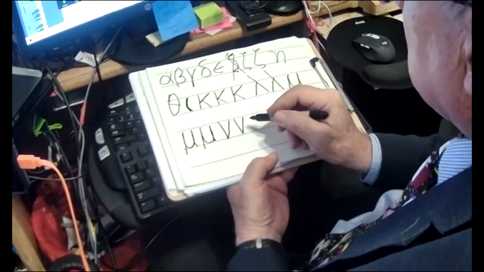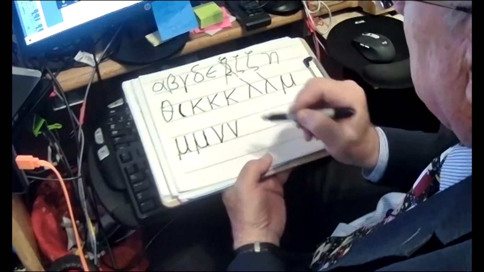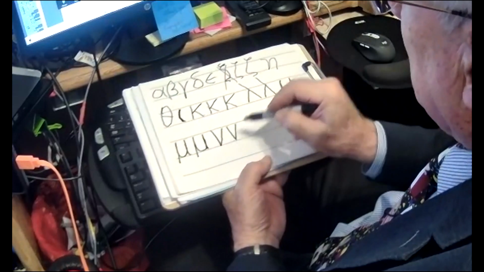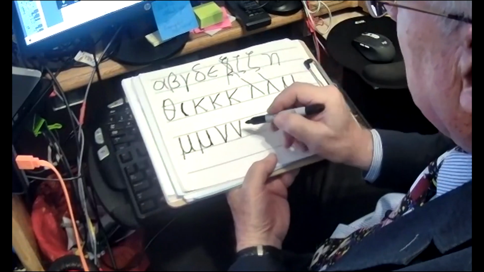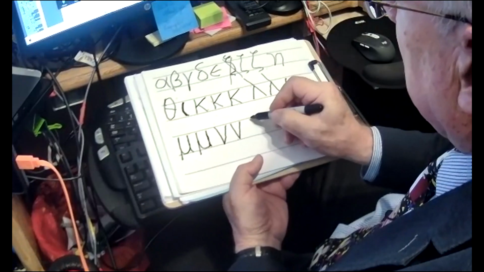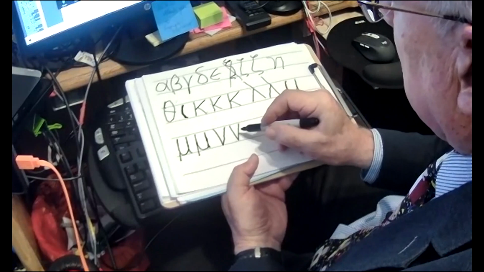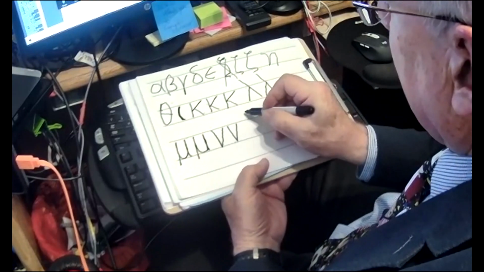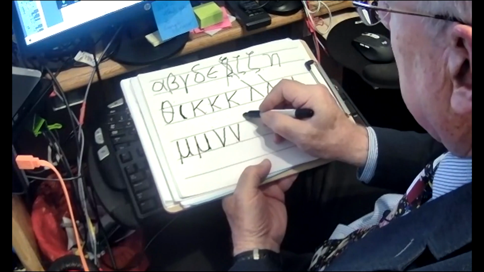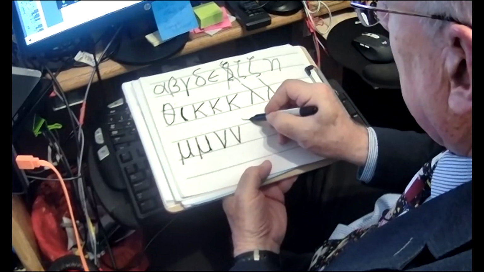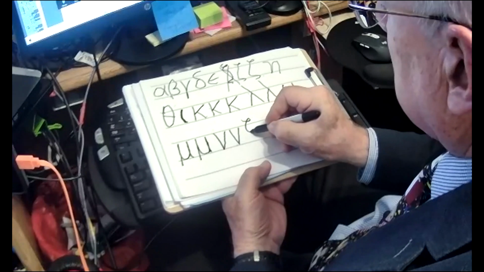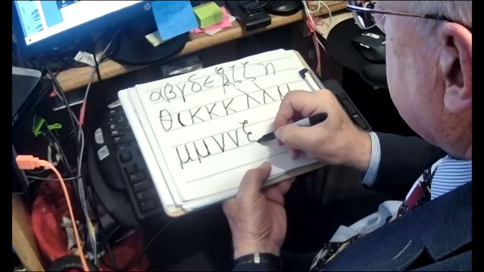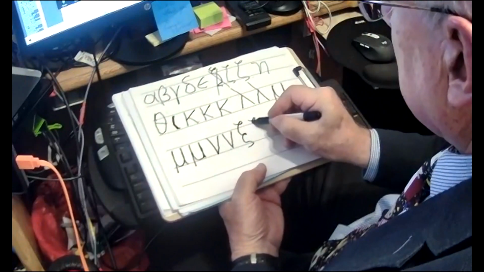So it's like the English alphabet, L, M, N. Lambda, mu, nu, L, M, N. And the next letter is like in the English lambda, mu, nu. The next letter, though, is not in our alphabet, and it's one of the difficult ones for English students.